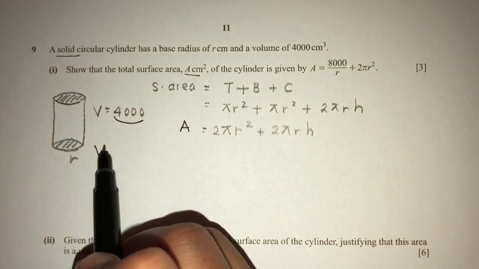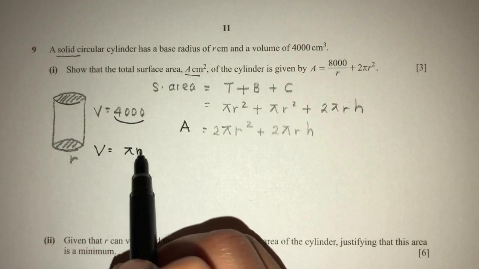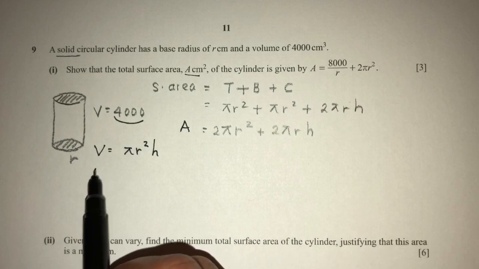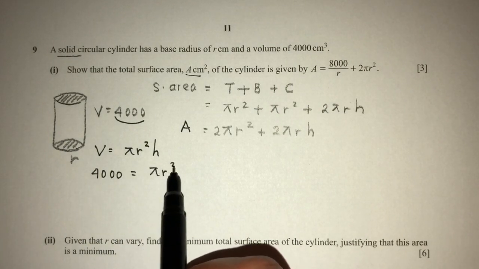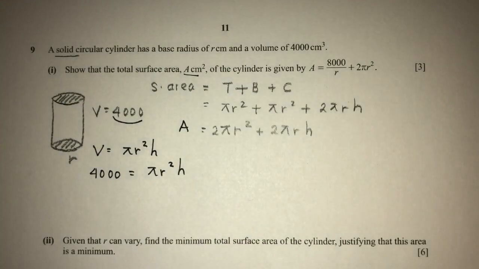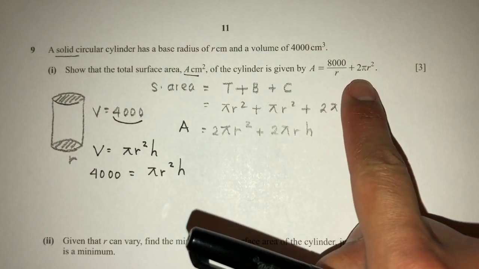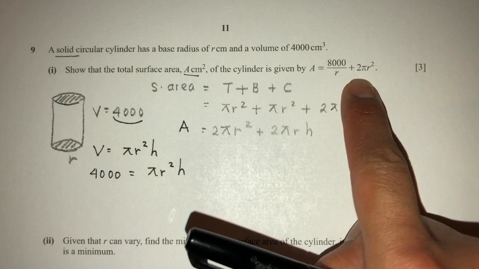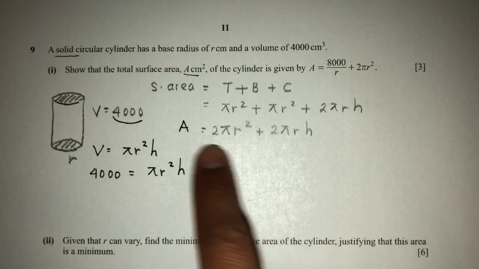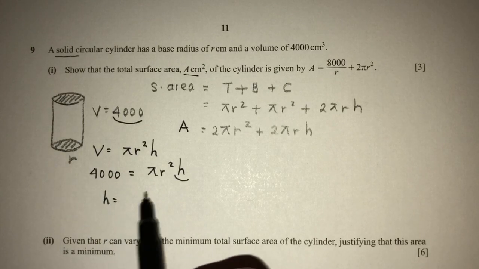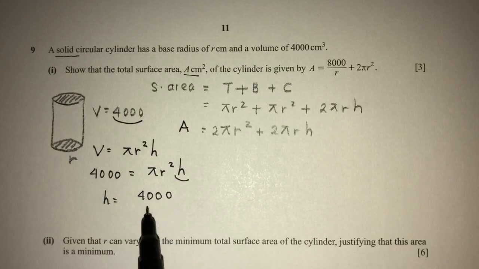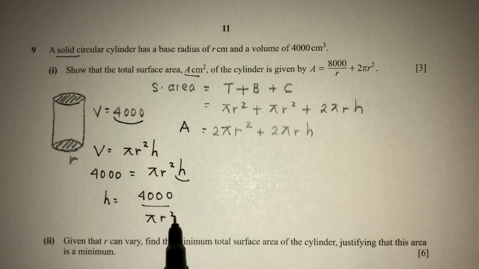Volume is equal to pi r square h. Volume is 4000, which is pi r square h. As you can see, in the area formula here we don't have h, so it means that I have to remove h from this formula. So let's make h the subject. You will have 4000 over pi r square.